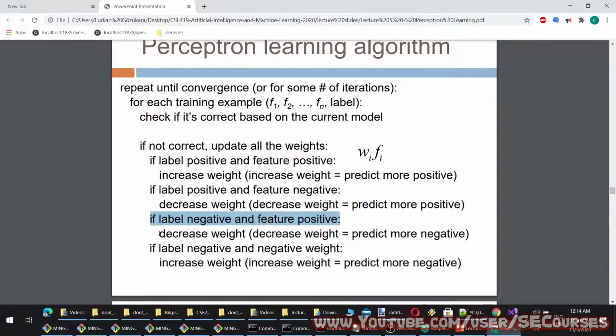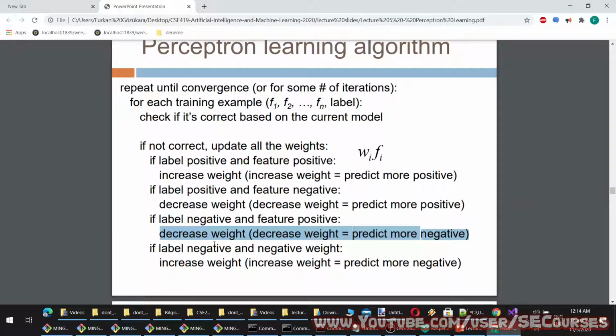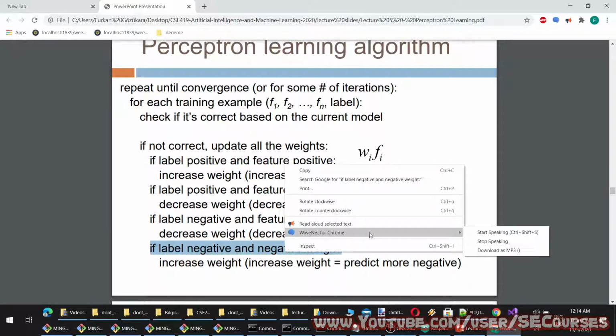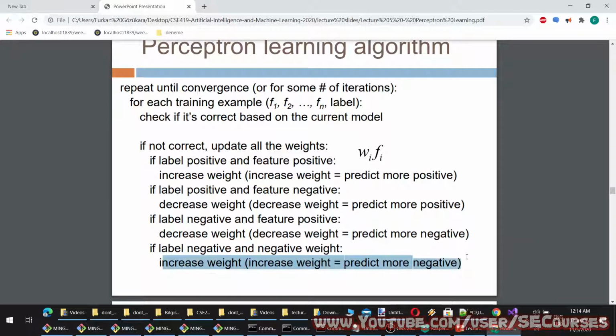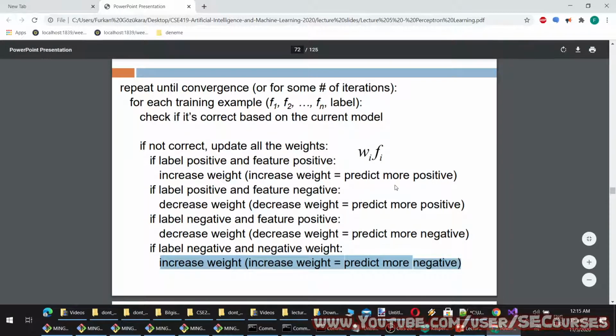If label negative and feature positive, decrease weight equals predict more negative. If label negative and feature negative, increase weight equals predict more negative.